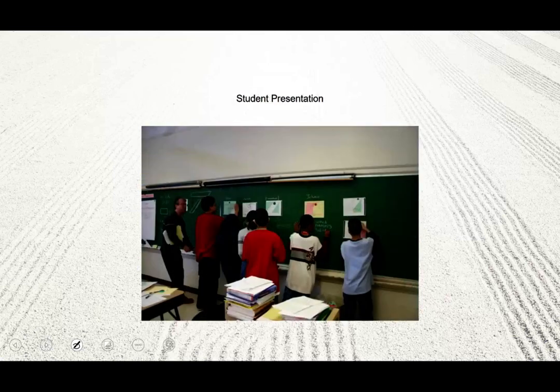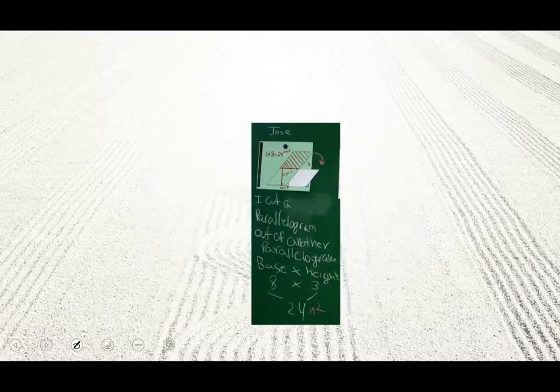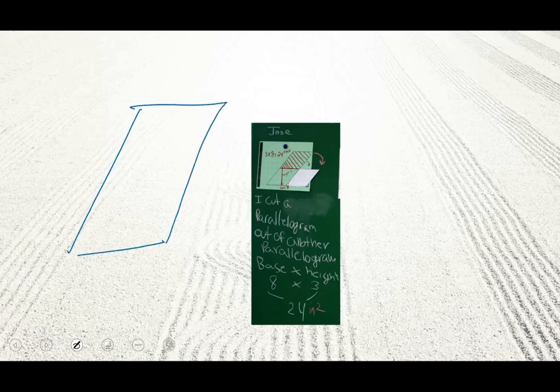For example, these are all solution methods that the students came up with. In one approach, the student cut this shape into 2 like this. Now base times height, and base times height. So you cut it into 2, then add them and find the area. In this case, it is cut in half, and the height becomes double this.